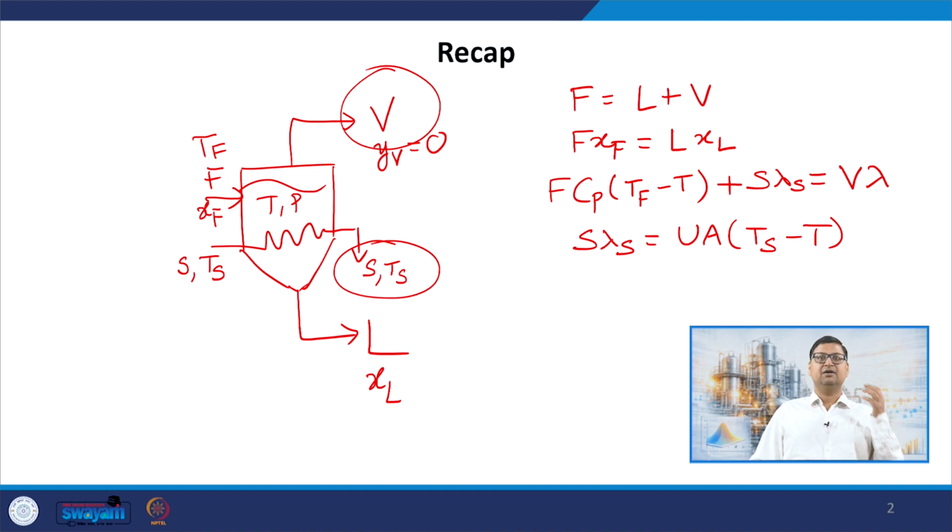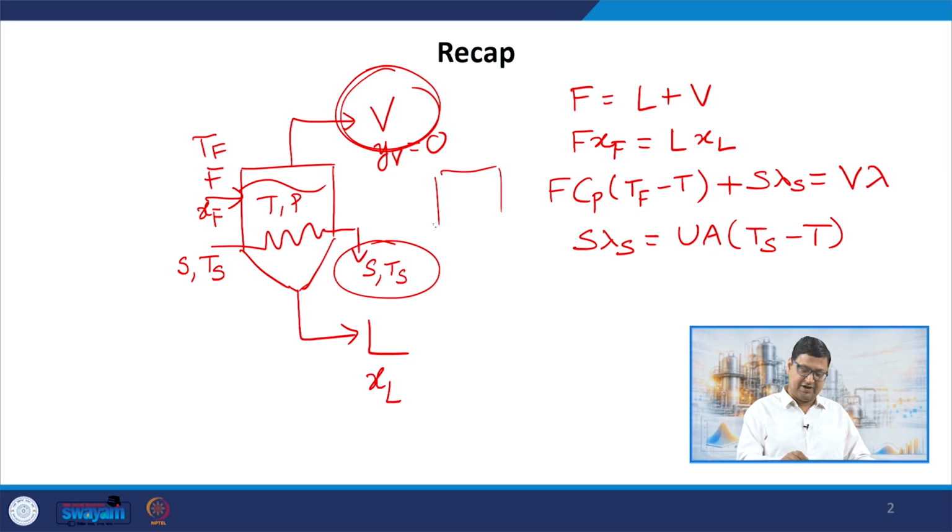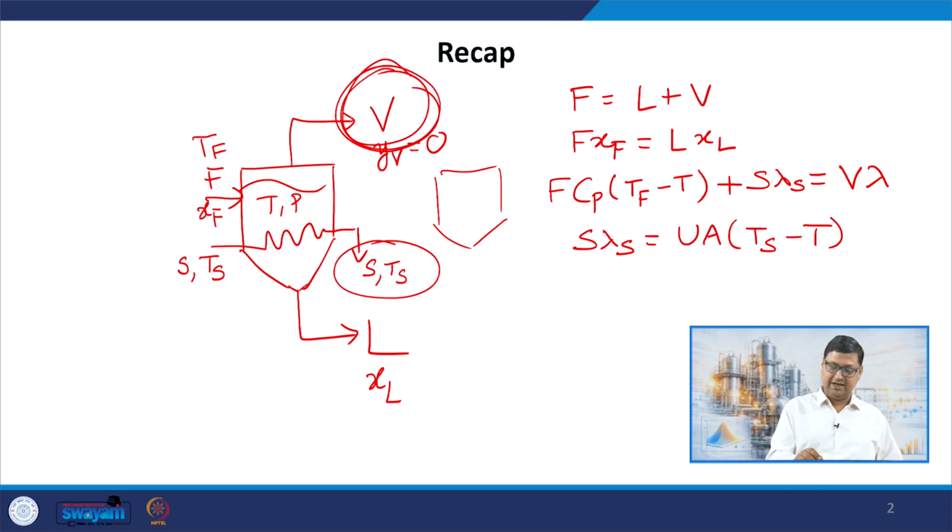And in a multiple effect evaporator, we are going to use the energy of the vapor to evaporate subsequent effects. So, I will attach further effects down the line which will use the energy present in the vapor. The idea is to use this vapor to heat up the subsequent effects. That is fundamentally the idea.